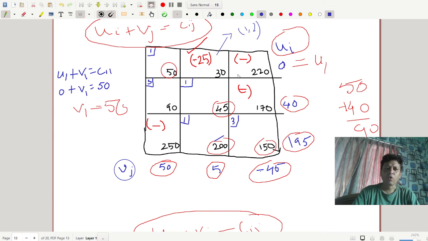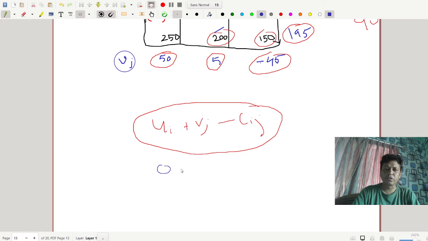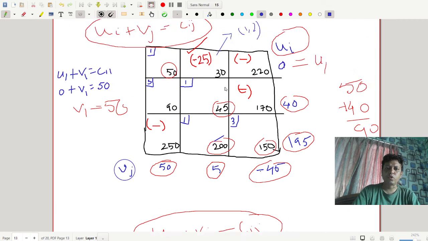So let us calculate. What is u1 here? 0. What is the corresponding v1? 5. So 0 plus 5 minus 30, because c12 is 30. That will give you minus 25. So you have minus 25, negative. Now the next non-basic cell.